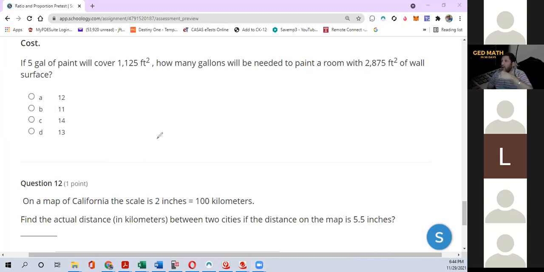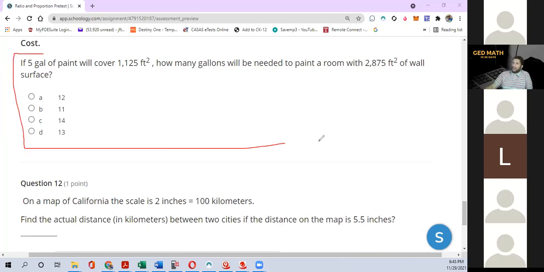What's given and how we could set this problem up. This 5 gallons of paint, not the 2 inches. 5 gallons of paint. This one here.